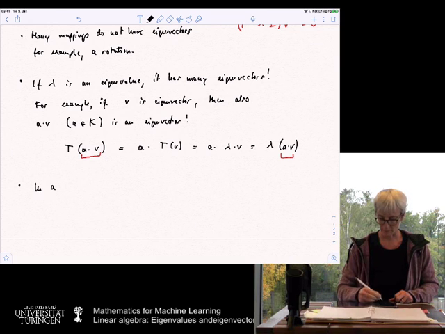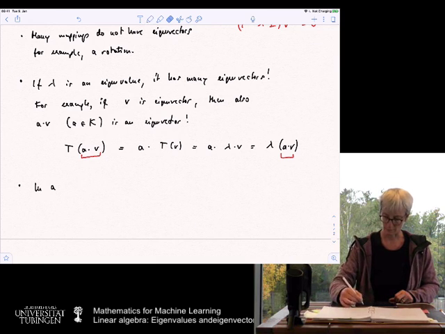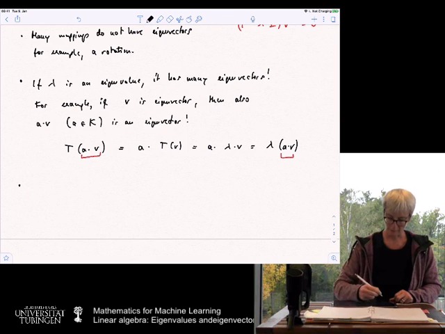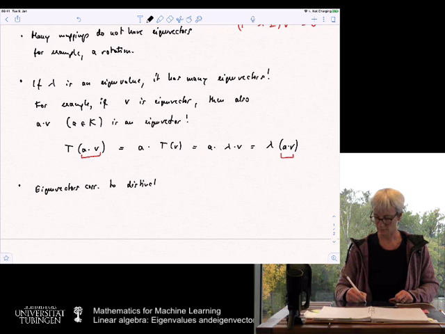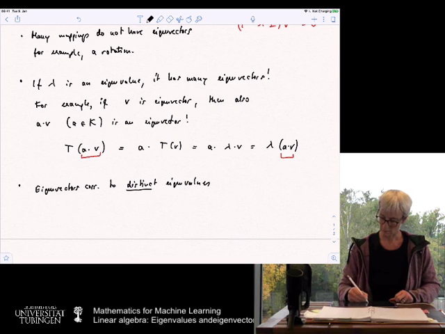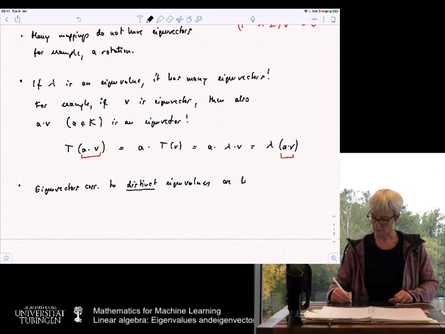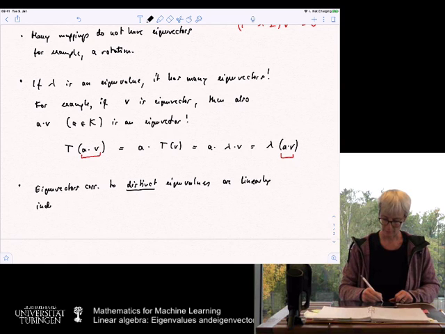So we are going to see: eigenvectors corresponding to distinct eigenvalues are linearly independent.